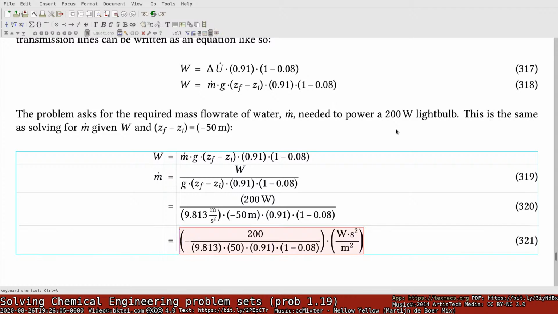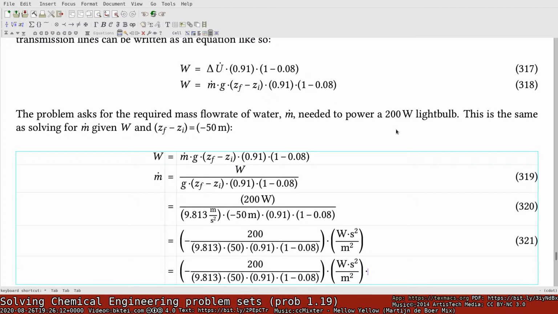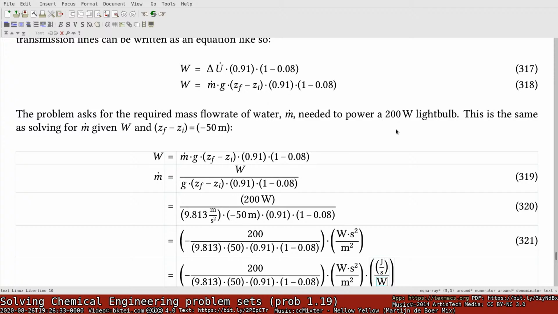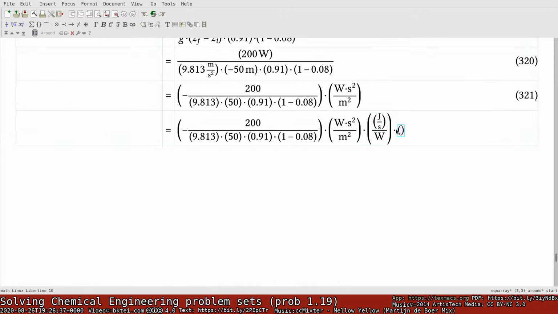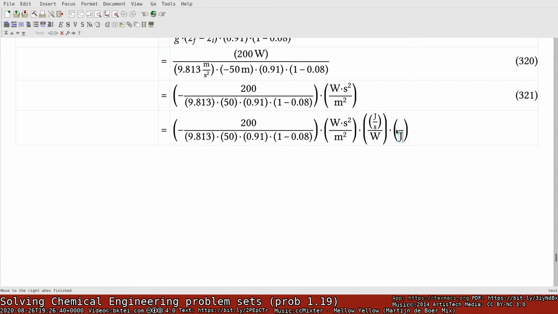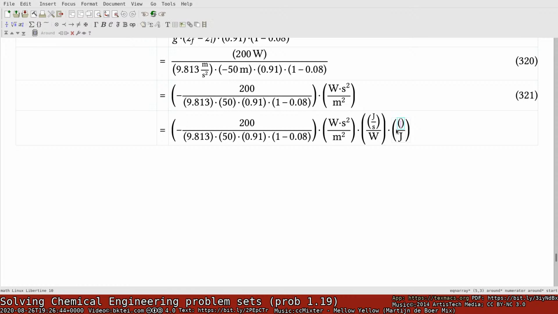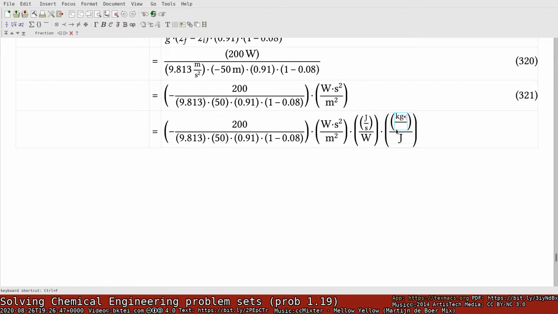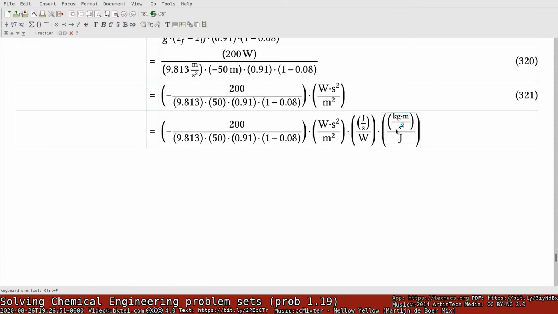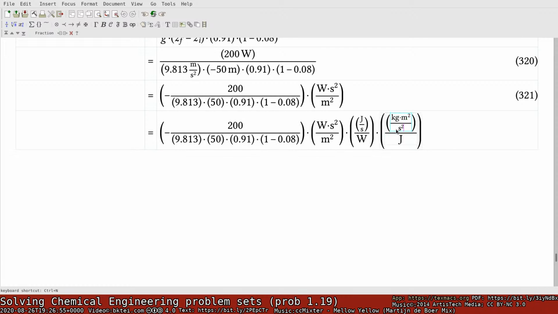So let's do a unit conversion. We want to go from watts into kilograms. A watt is the same thing as a joule per second, and a joule is the same thing as a kilogram meter squared per second squared.